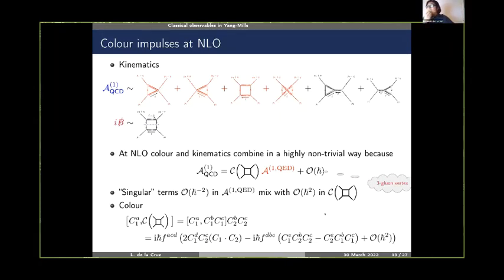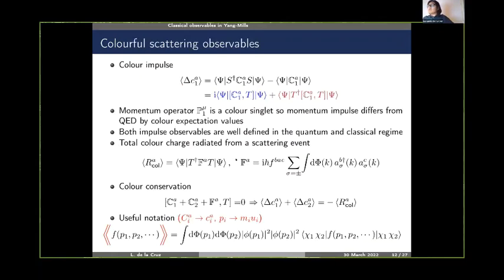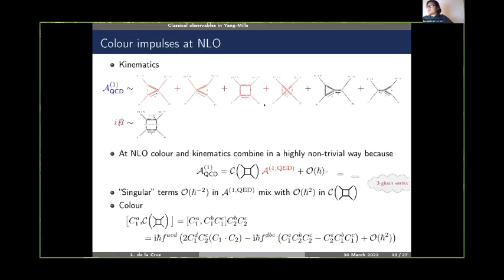So there are going to be some terms that are singular in h bar that will mix with terms that are of order h bar squared due to the appearance of color factors. So there's going to be some mixing. You can see this type of mixing as follows. If you need to compute the color impulse, then you end up with a calculation in which you need to calculate a commutator of this form, which I can write in this way.